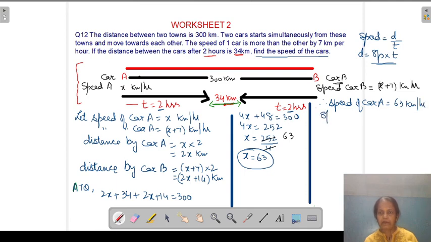And what should be the speed of car B? We have taken the speed of car B as x plus 7, which equals 63 plus 7, so 70 km per hour. I hope this is clear.